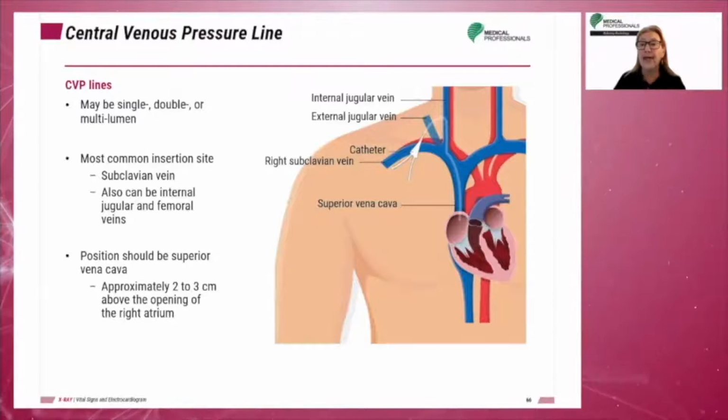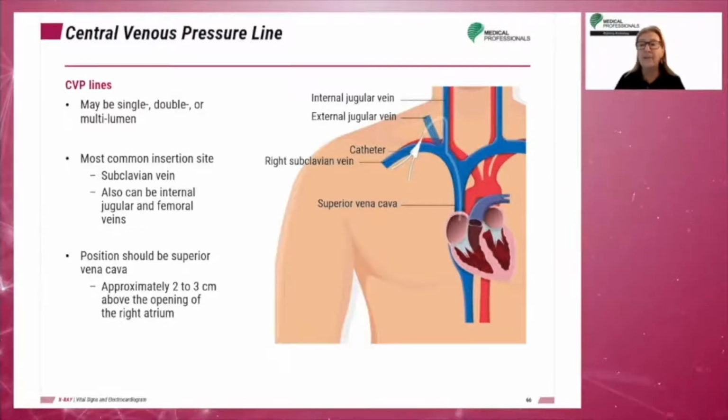The catheter can be single, double, or multi-lumen. The catheter is inserted into the subclavian vein or internal jugular or femoral veins, and the tip advanced to the superior vena cava.